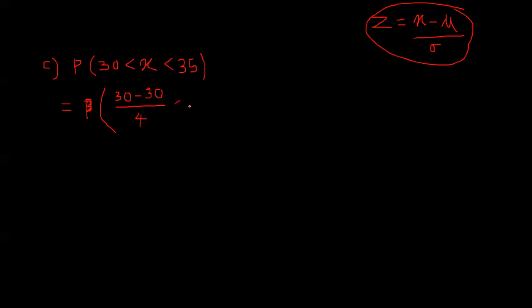less than X less than 35. Here, this one, 35. Okay, minus mean, that is also 30. And divide by sigma, that is 4.